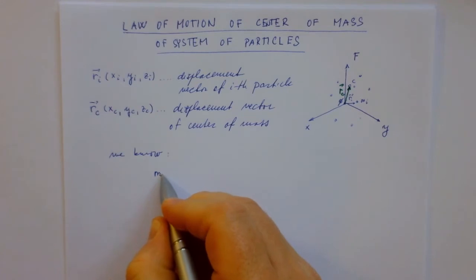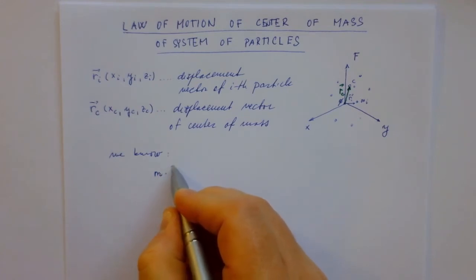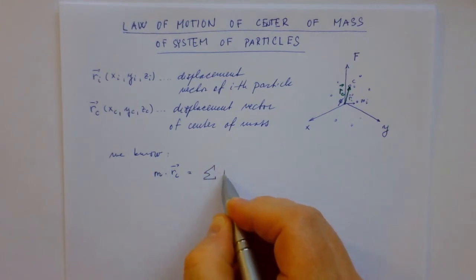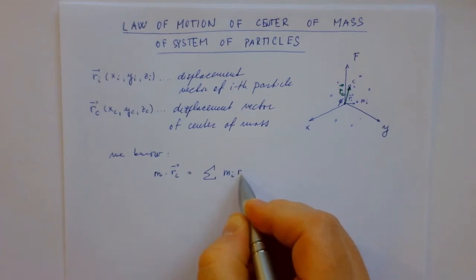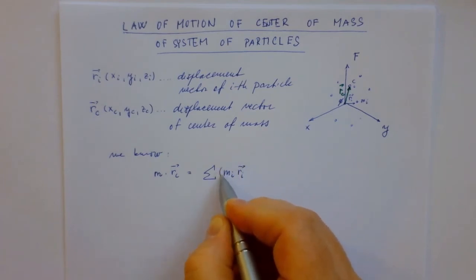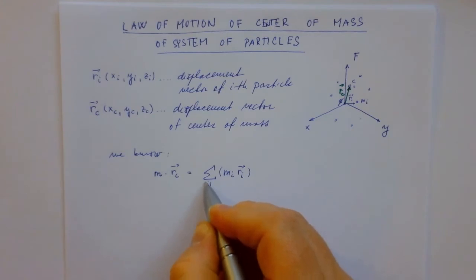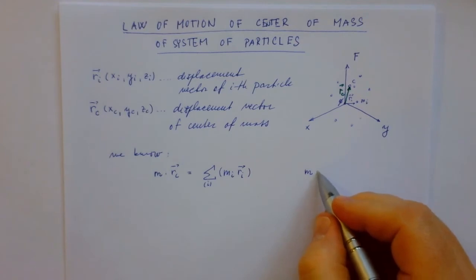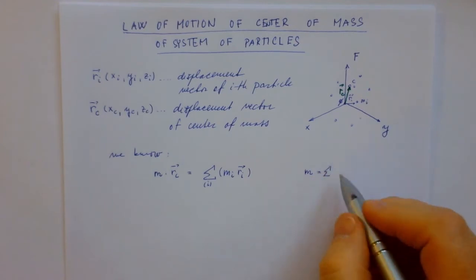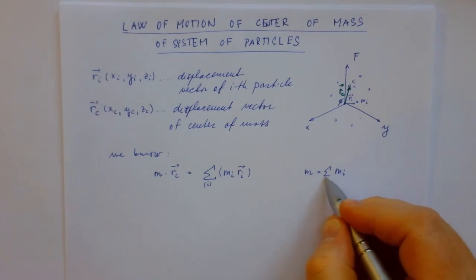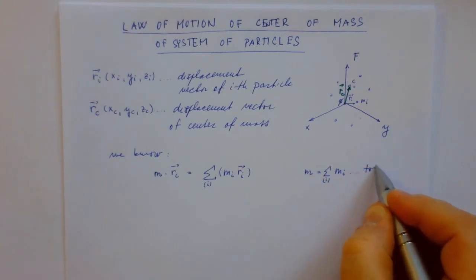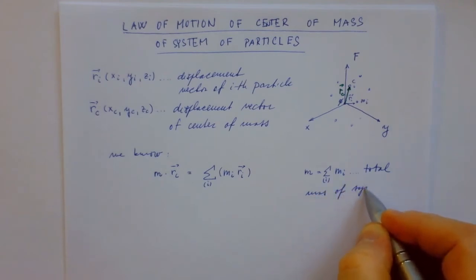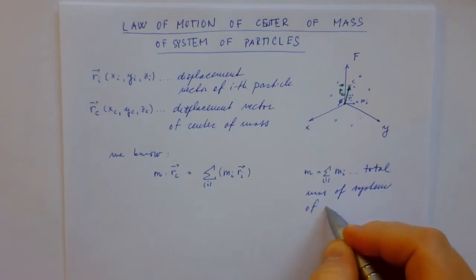So m by rc is equal to the sum of this multiplication mi ri over all particles, where m is a total mass of the system of particles, so it's the sum of all masses, so it's a total mass of the system of particles.